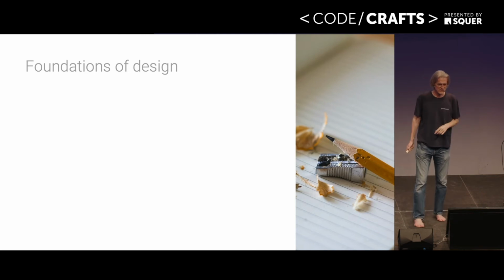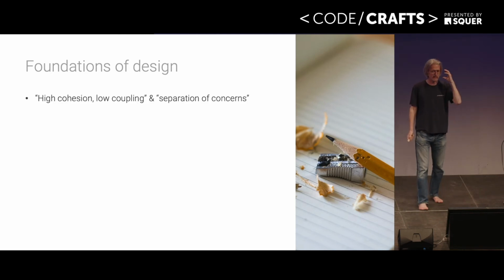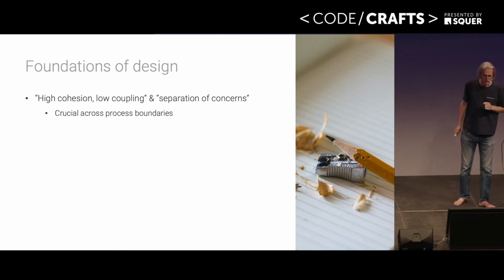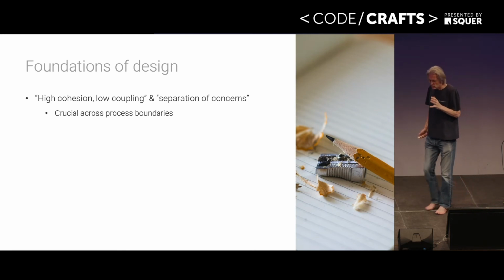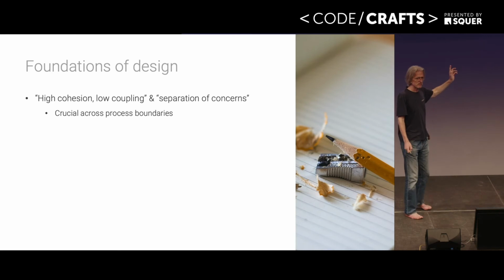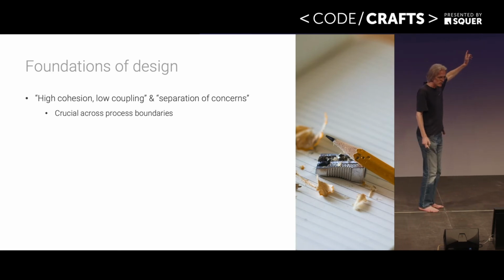These things from the 70s, these ideas: high cohesion, low coupling, separation of concerns, and so on. These are really crucial across process boundaries. The problem is, whenever I talk with people about it, they say, yeah, we know high cohesion, low coupling. Yeah, we know separation of concerns. Yeah, sure, we know. Come on, go to the next thing, which is more interesting.